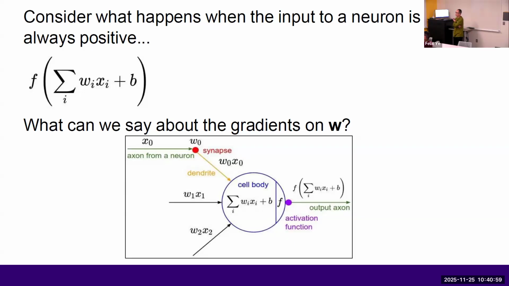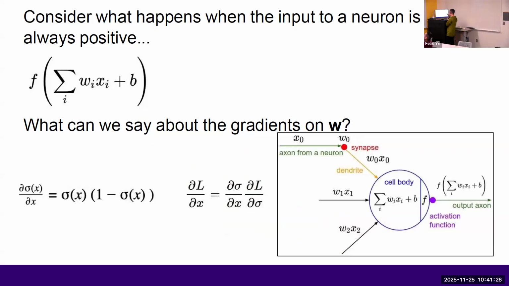So what can we say about the gradient on w, which is my weight? Here we have x0, w0, x1, w1, x2, w2. These are the linear combinations of w and x, which give you the linear transformation. So think about x being all positive.